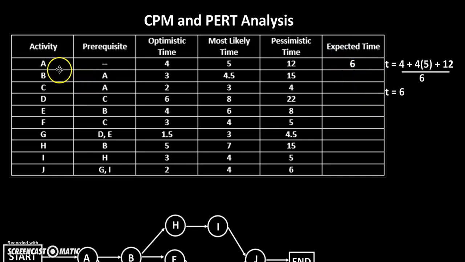For activity A, our expected time is 6 days, or whatever the unit of time in this case happens to be. We can do that same calculation for each activity in the table.